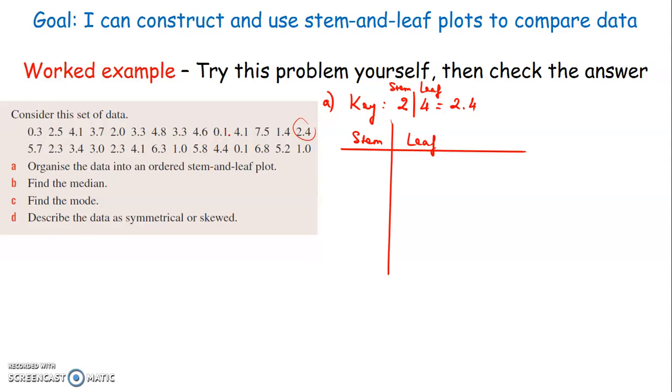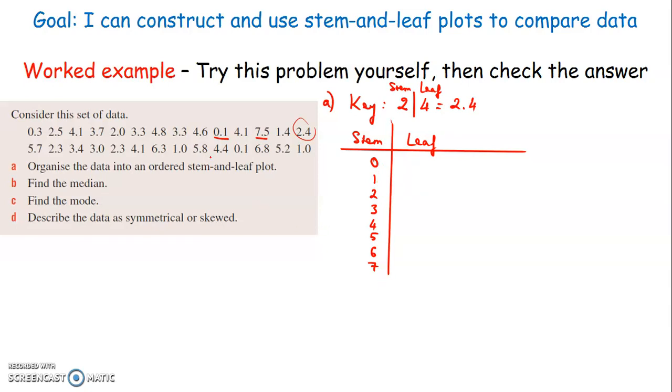From looking at these numbers, I can see that 0.1 is the smallest number, so our stems start with 0. The largest number, I can see from the data, is 7.5. So our stems will go all the way from 0 to 7: 0, 1, 2, 3, 4, 5, 6, and 7. So this is 0 point something, 1 point something, 2 point something, and so on.